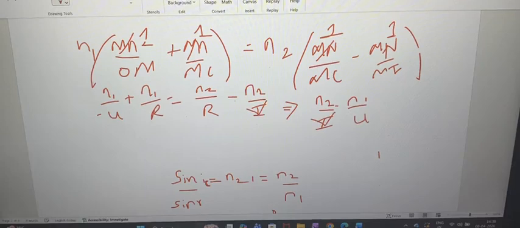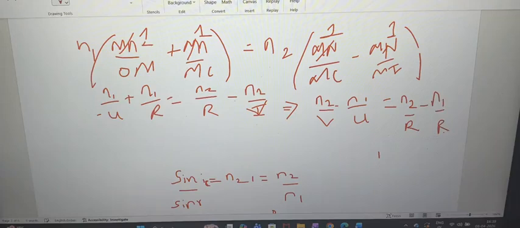This is the image distance, so we will write it as v. n2 by v is equal to n2 by r, which will be as it is on the right hand side, but I will transpose this to the right hand side. This is positive, so it will turn negative, negative n1 by r. This is our formula.